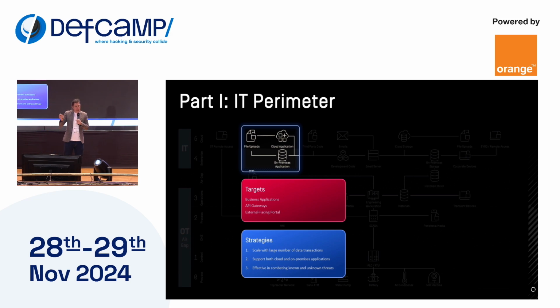So in any big IT environment, you'll have web portals where users can upload files. That can run in the cloud, it can run on premise, doesn't really matter, it's a threat vector. So you have users on the internet being able to upload files to your network.